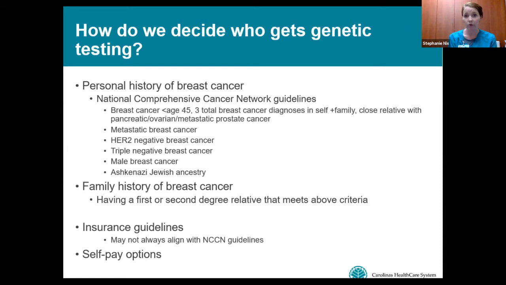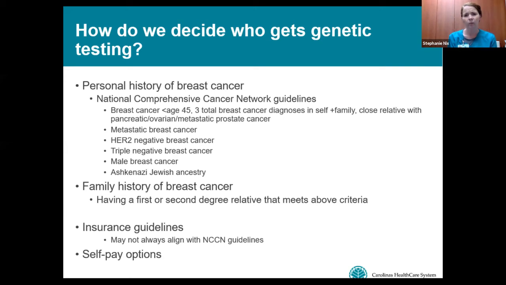Next, if there's 3 total breast cancer diagnoses in the family, that qualifies. Also, I mentioned before about the close relative with pancreatic, ovarian, metastatic. Also, Ashkenazi Jewish ancestry is another criteria that would qualify a woman with breast cancer to have testing. Metastatic breast cancer is also another newer criteria that allows us to do testing. Triple negative breast cancer at any age, male breast cancer.